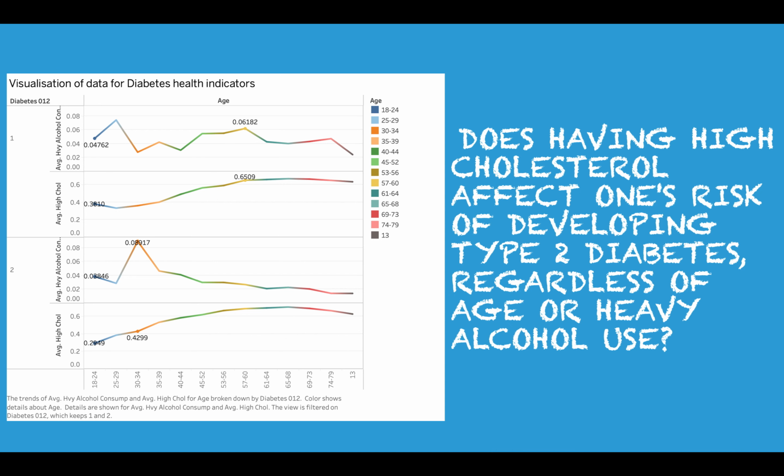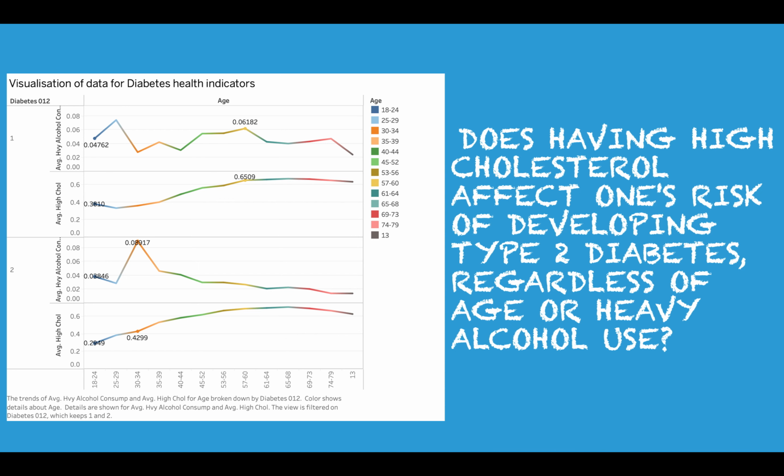I used a line graph to visualize the relationship between age, diabetes, heavy alcohol consumption and high cholesterol levels. This is because, as I mentioned in the earlier slides, comparison is easier with line graphs. Multiple variables like age, diabetes type, heavy alcohol consumption, and high cholesterol levels are easily compared here.